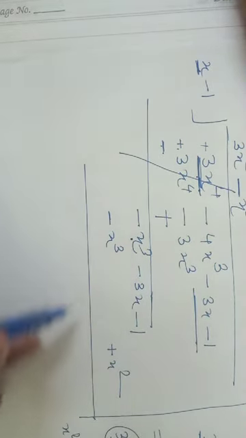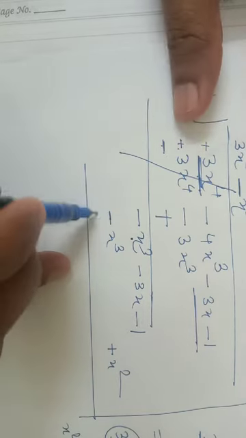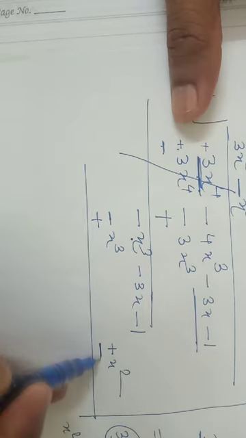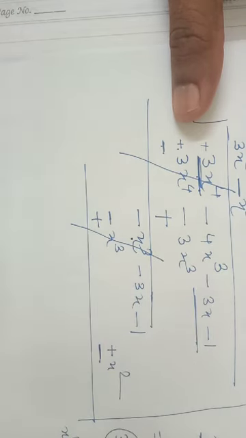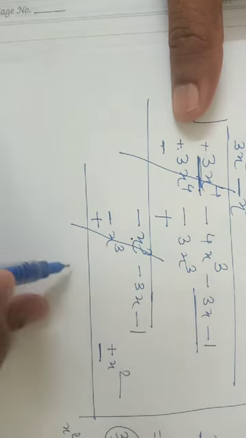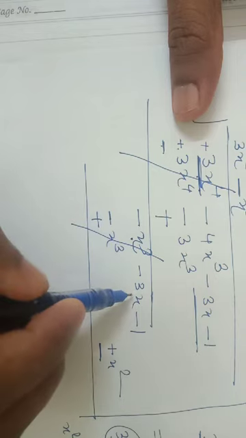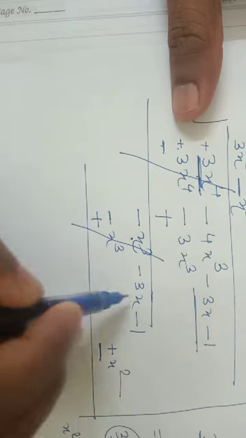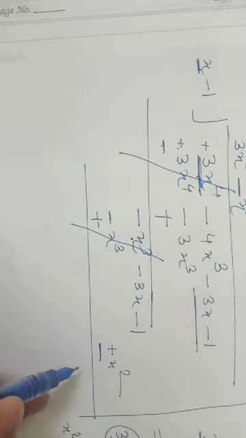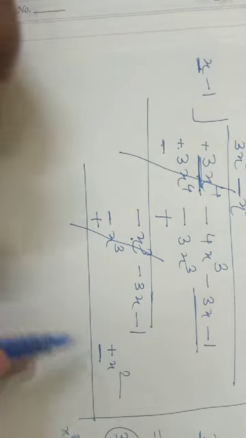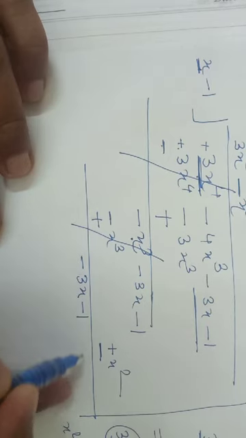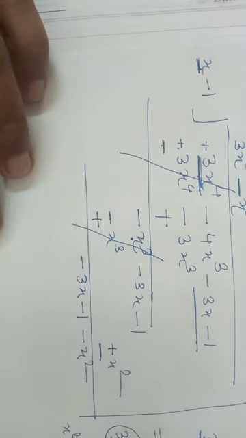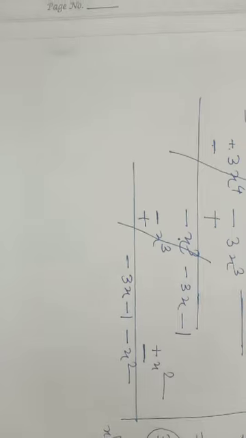So now the sign will be changed to plus, and this will be minus, so minus x cube plus x cube will be completely subtracted, clear? The remaining part is minus 3x and minus 1, and this is minus x square. So this is the remaining part, minus 3x minus 1, and that is minus x square. Now there is something to understand.